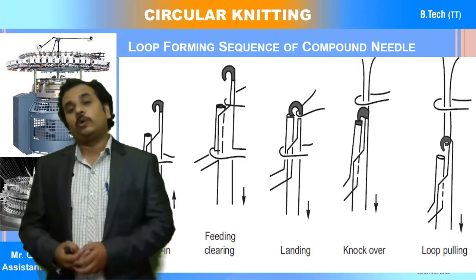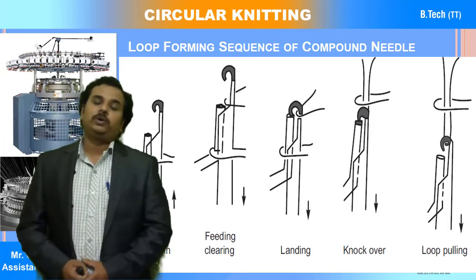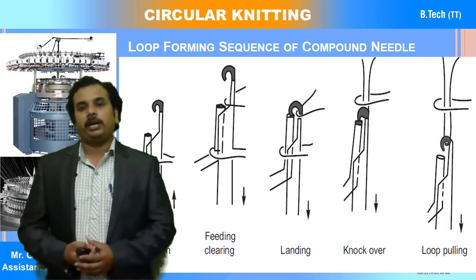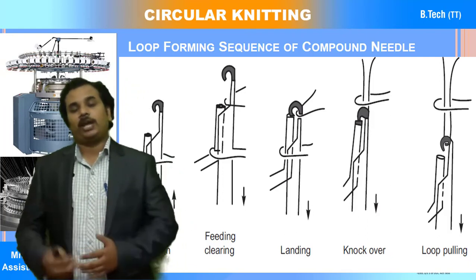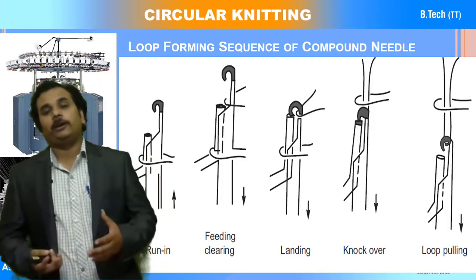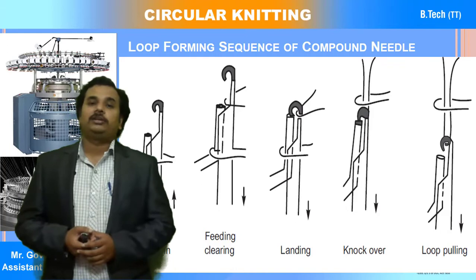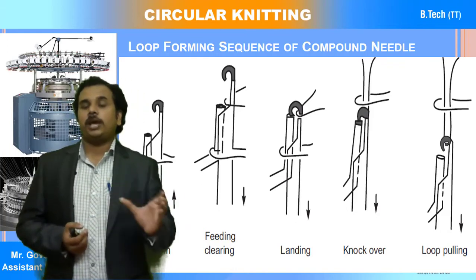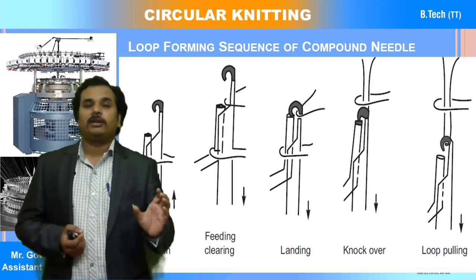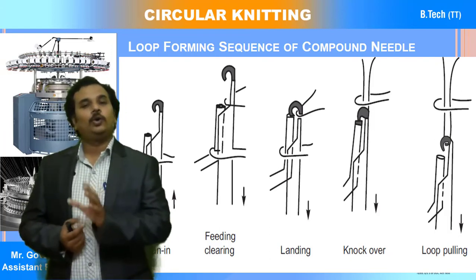And after knocking over, the needle pulls the loop, so that we can maintain the loop length by varying the loop pulling. Again you can observe that in the first case, the latch needle sequence, the steps are running, clearing, yarn feeding, knocking over, loop pulling.